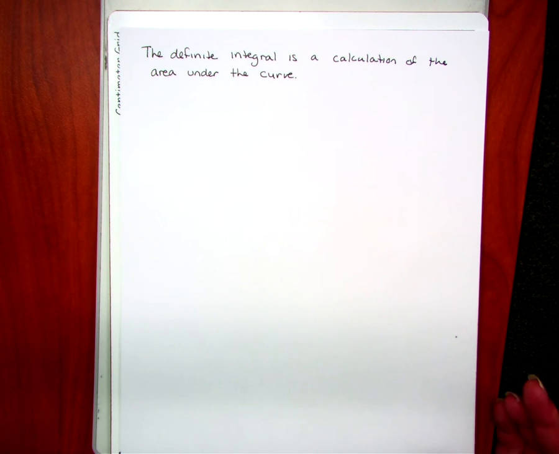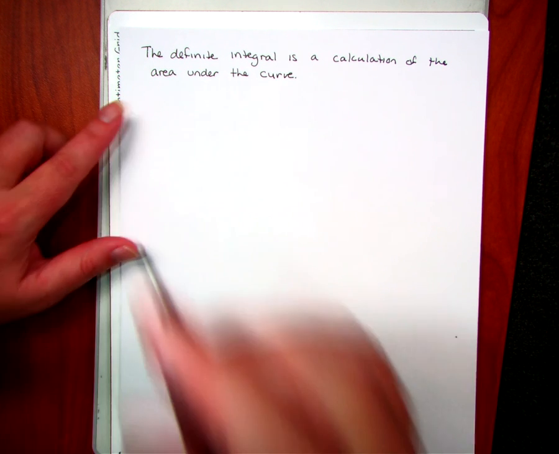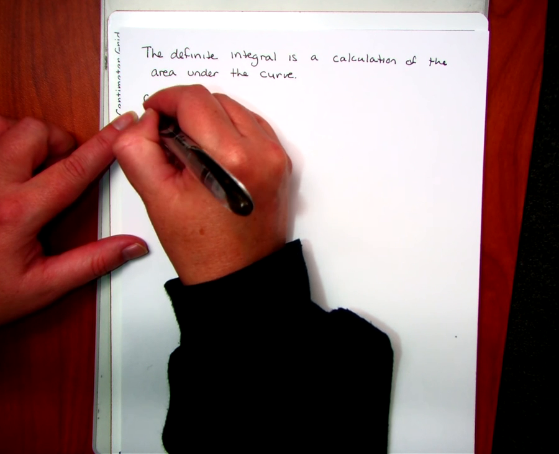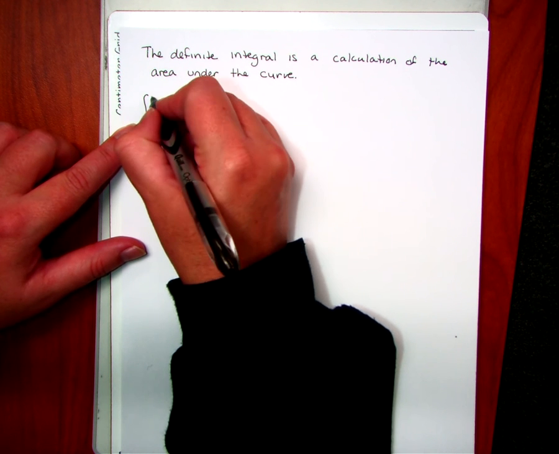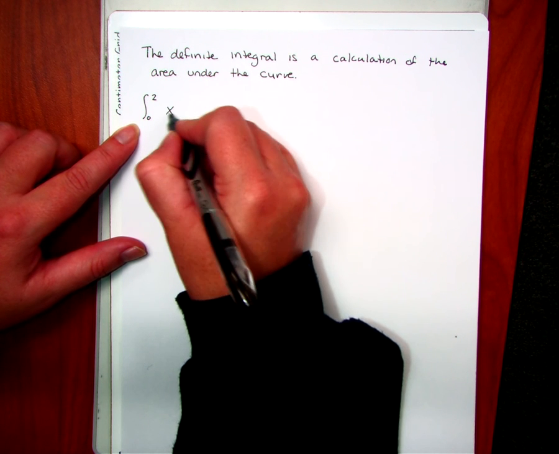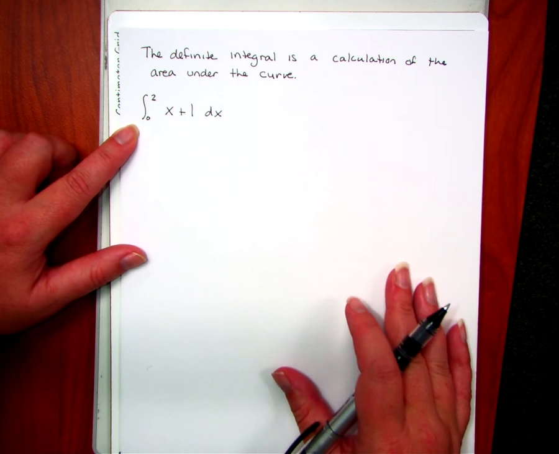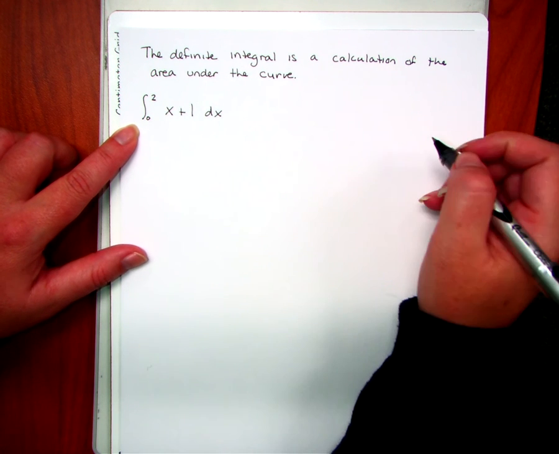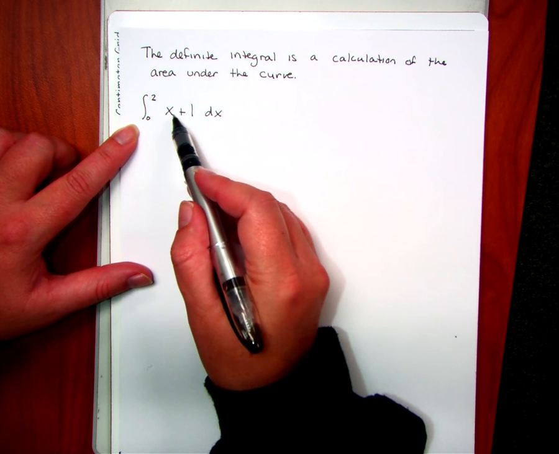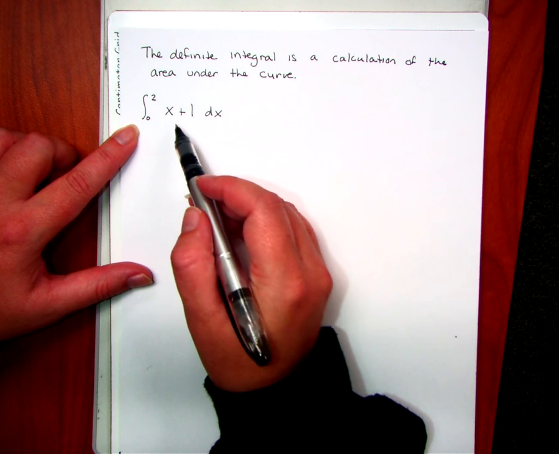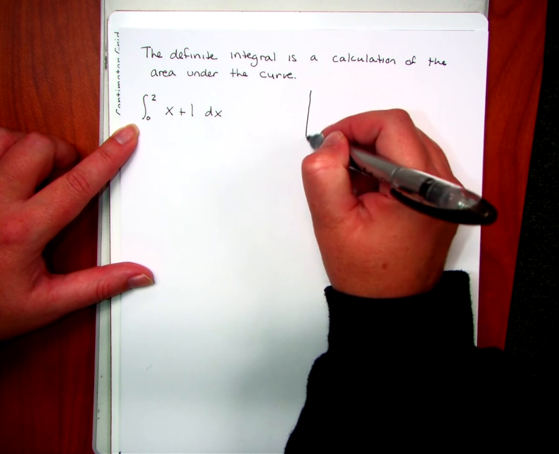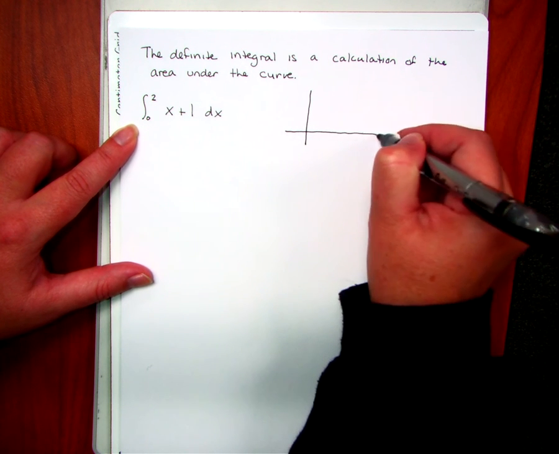The definite integral is a calculation of the area under the curve. So using geometry, we'll use the antiderivative next. But if I wanted to calculate this using geometry, I want to find the area under this curve from 0 to 2. So I'm going to go ahead and graph this function.